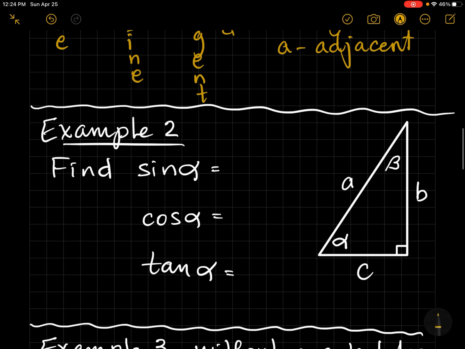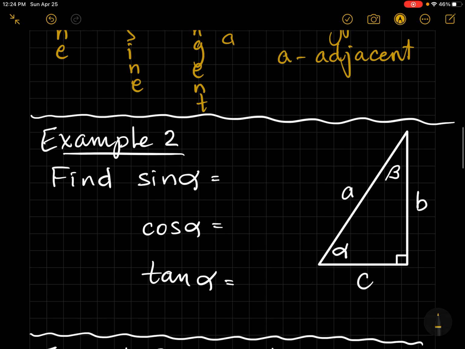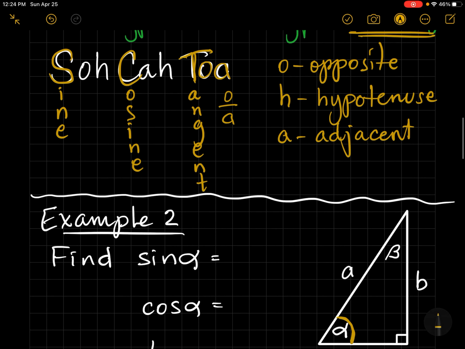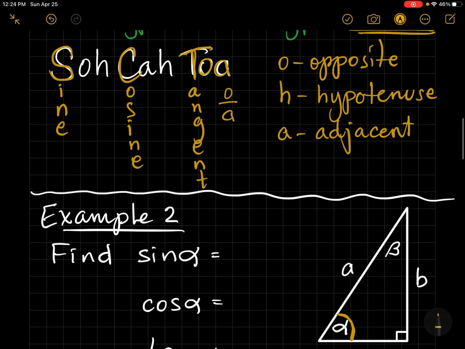For example 2, I'd like for you to look at this triangle and figure out what two sides represent the sine of alpha. That means you go to the angle labeled alpha. You ask yourself, what does sine represent? It represents opposite over hypotenuse.